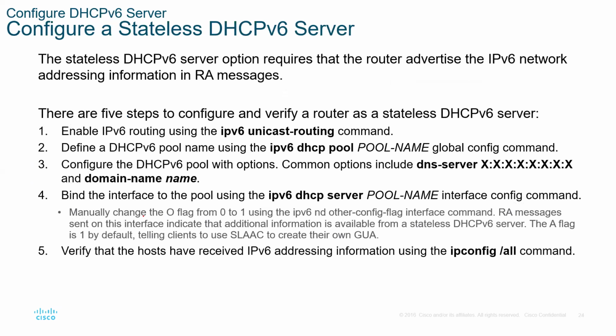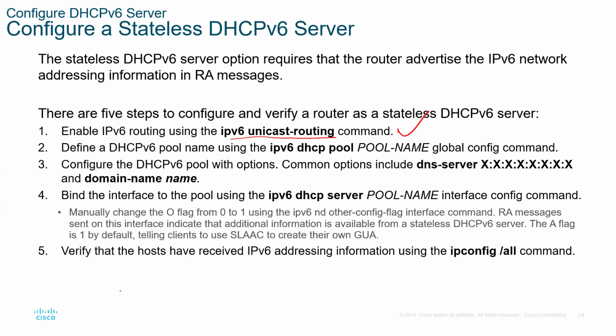How do you configure a router as a stateless DHCP? Number one, you need to enable IPv6 routing using this command. I think you definitely see a lot of this command. If you want to deal with IPv6 routing, you need to enable it on a router.